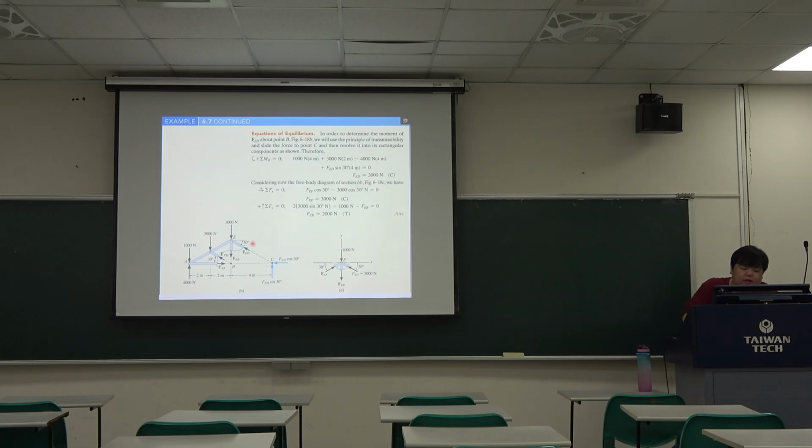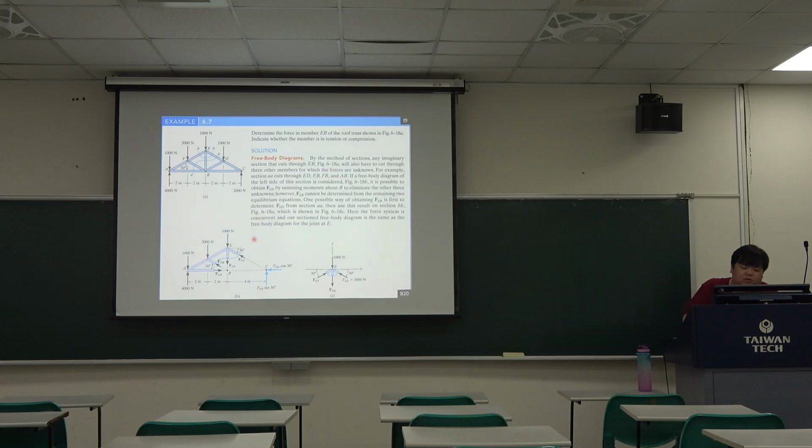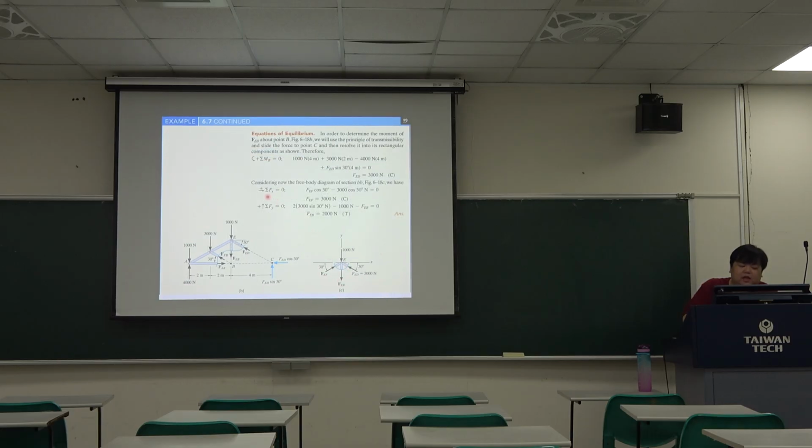Okay, when we have the FED, we can go back to section B. Then we can draw the point E free body diagram. We have this force and FDE, and we have 2 unknowns. Then we just use the summation Fx equal to 0 and the summation Fy equal to 0.